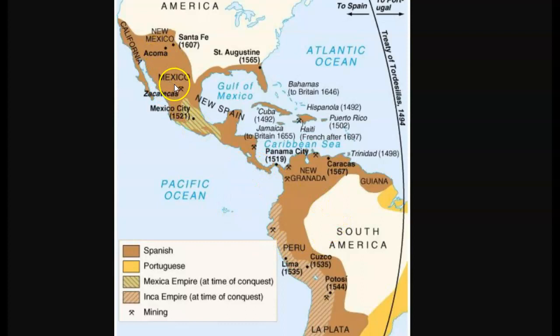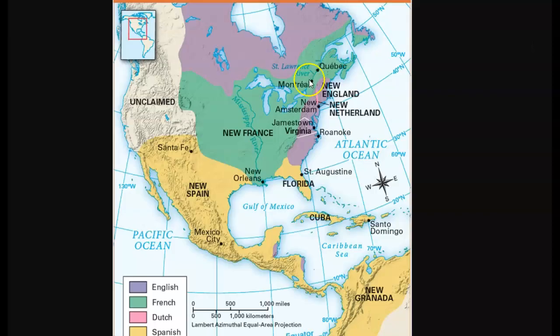The Spanish take what we call now Mexico and southern U.S., Florida, Central America, much of South America. The Portuguese are over more in what is now Brazil, and a bunch of these islands. But everybody's got a piece of the action here.